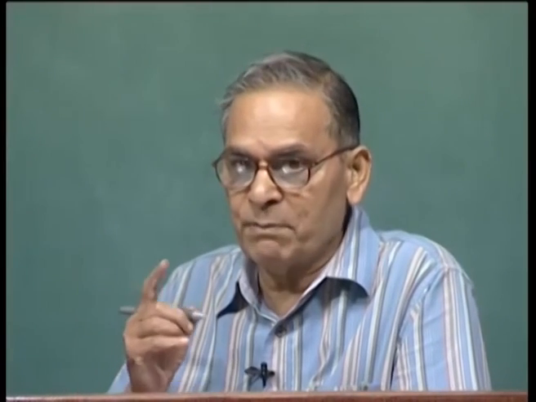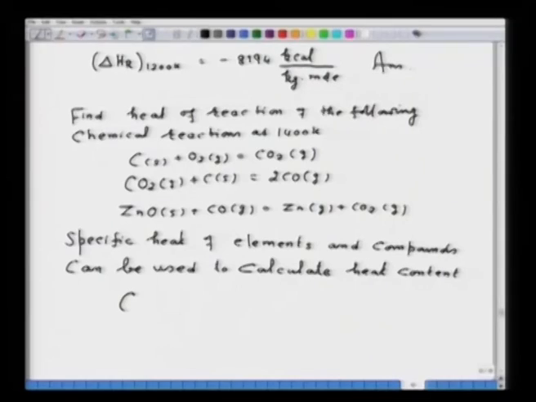Now, the specific heat of a substance also varies with the temperature. You know, that Cp is equal to A plus BT plus CT to the power minus 2, where A, B, C are constants. Also in some books it is written plus D. Well, the D value is so small that you can neglect it, it does not matter much.